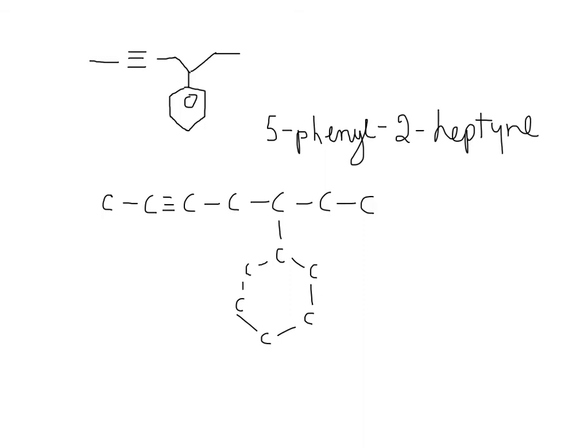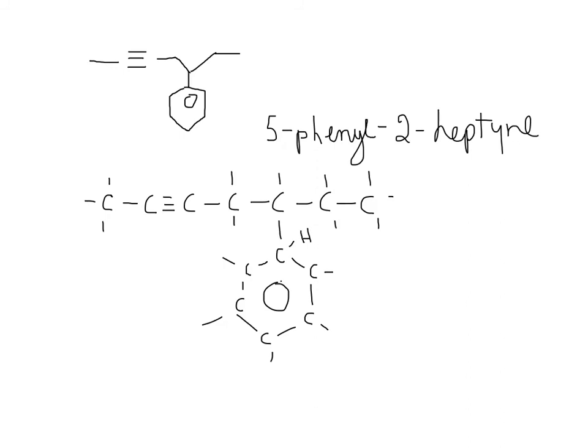Okay, next we're going to put the hydrogens in. 1, 2, 3. 1, 2, 1, 2, 3, and then here's a hydrogen. And on the benzene ring, you could do it this way with a circle, which means alternating single and double bonds. And I think I need to get rid of that hydrogen.